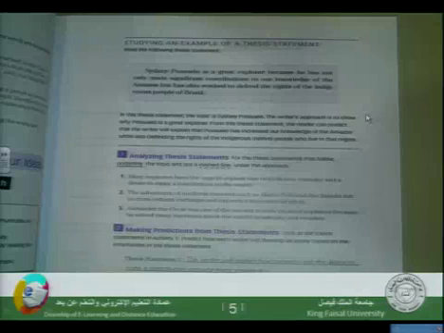Now, if we move on to the exercise here in number 1, where you're supposed to analyze thesis statements. For the thesis statements that follow, underline the topic and put a dashed line under the approach.